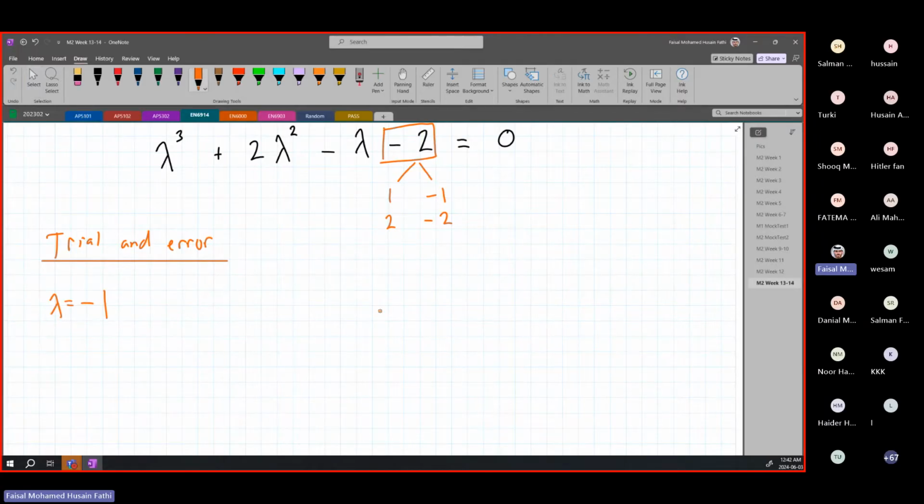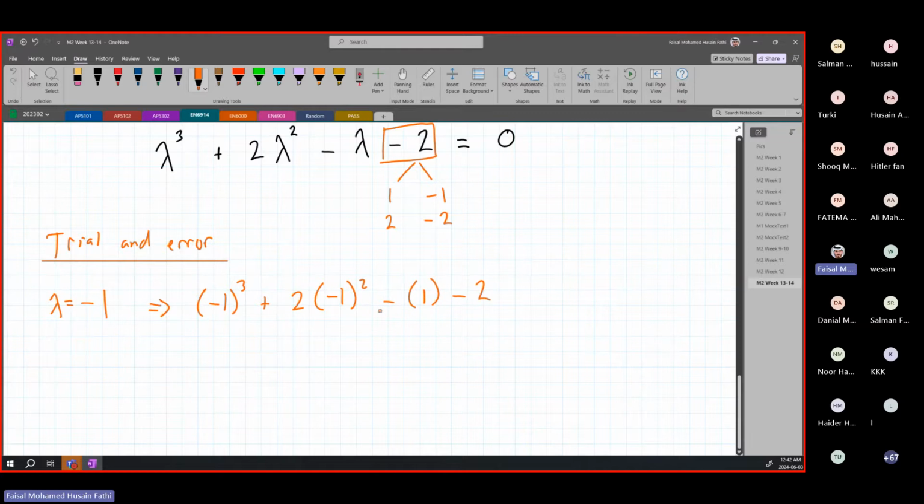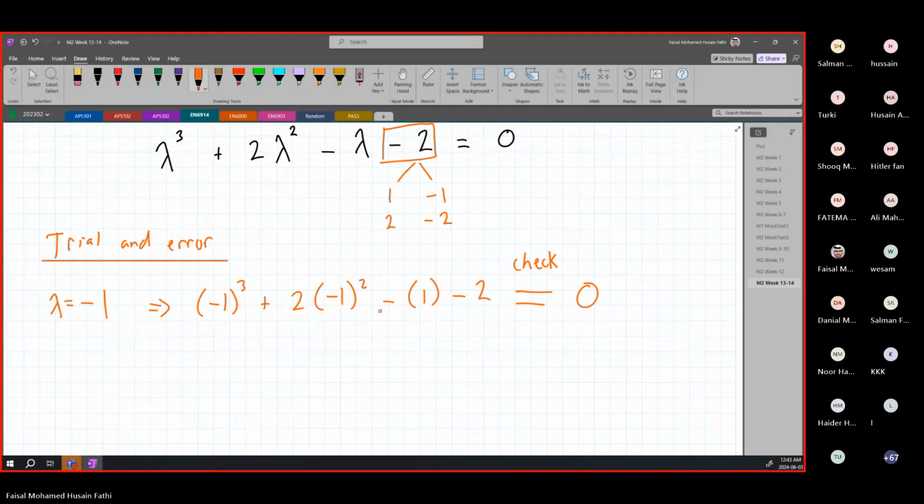So what do we do here? We are going to plug it into the equation. So it's going to be minus 1 cubed plus 2 into minus 1 squared minus 1 minus 2, and we will check if it's equal to 0. I get my calculator and just do minus 1 cubed plus 2 into minus 1 squared minus 1 minus 2.